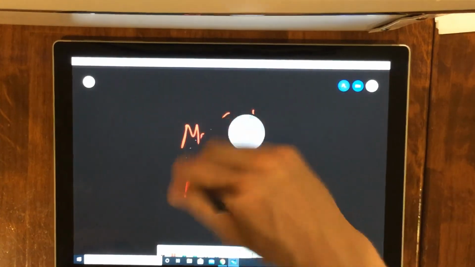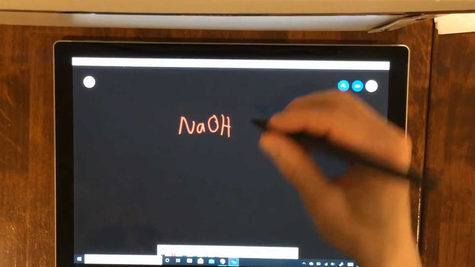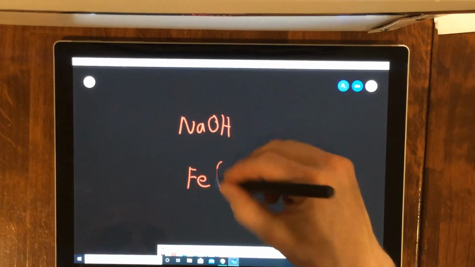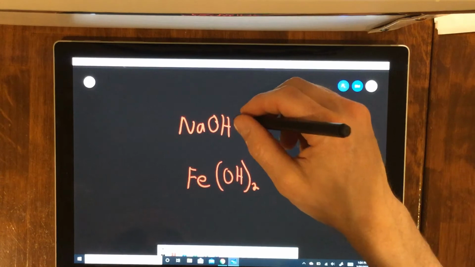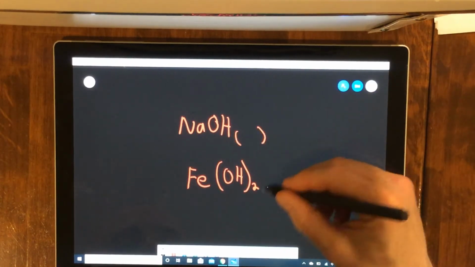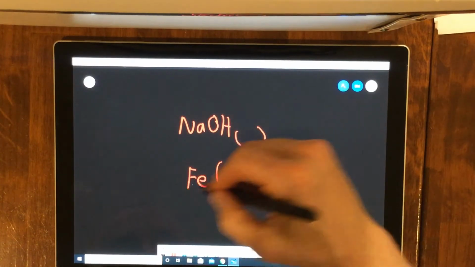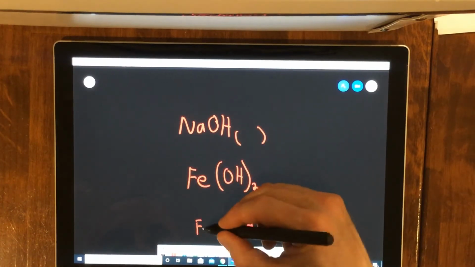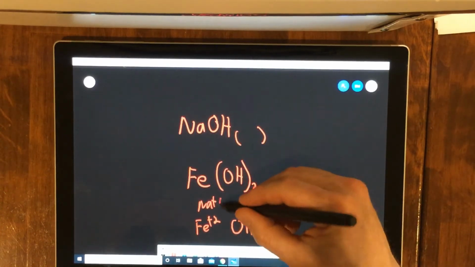Another example. If we have NaOH versus Fe(OH)2. So here and here, OH minus is the anion. In this bottom compound, it's bonded to Fe plus 2. In the top, it's bonded to Na plus 1.